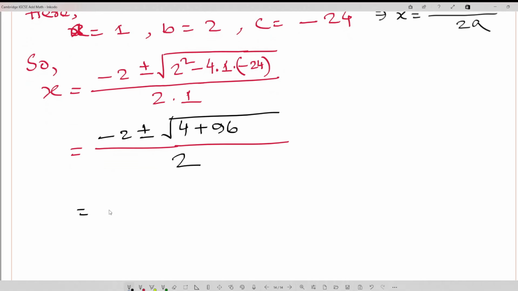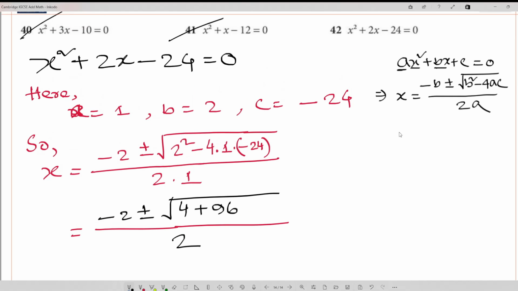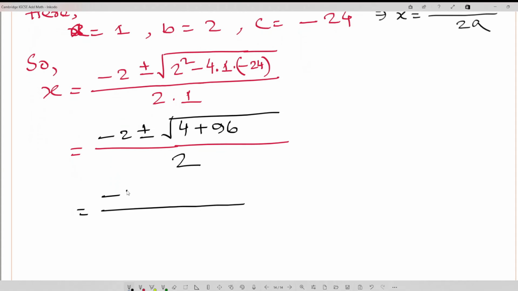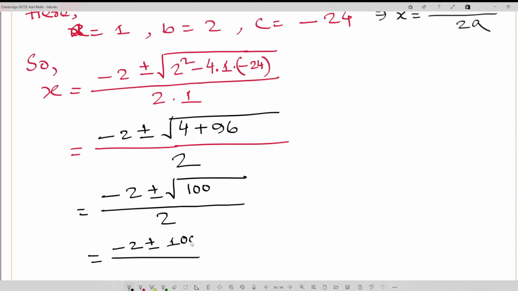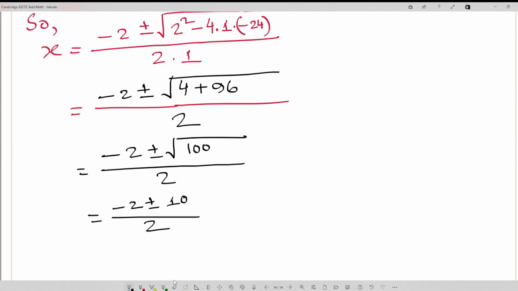Now minus 2 plus or minus 4 plus 96 is 100. Divided by 2. Now look, here is minus 2 plus or minus, then 100 square root means 10. Divided by 2.